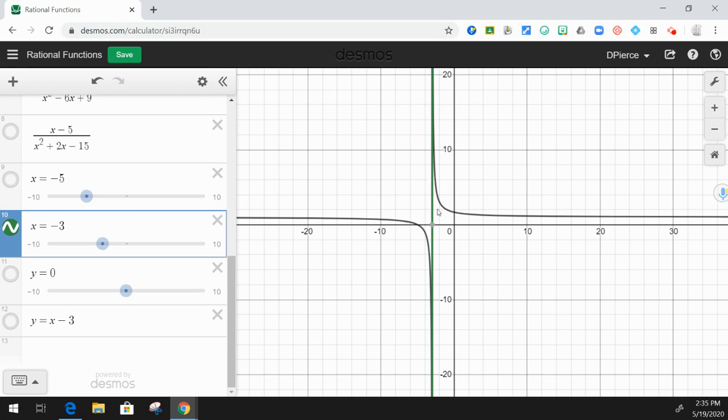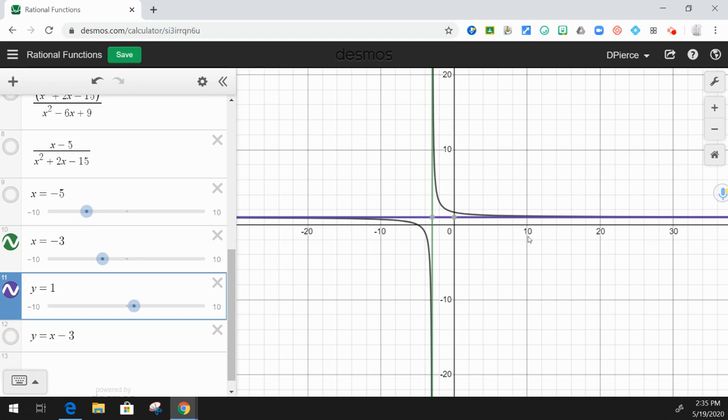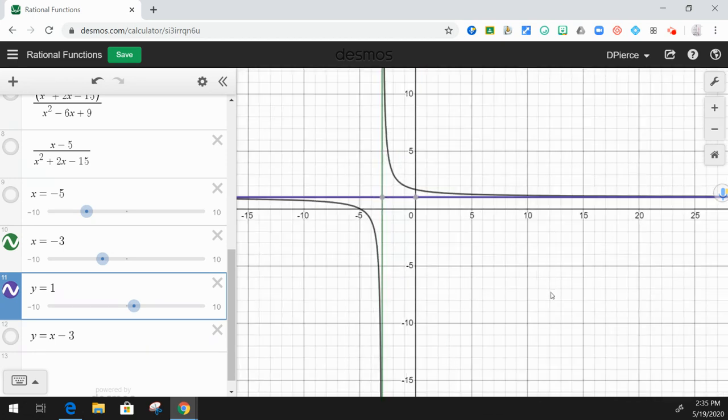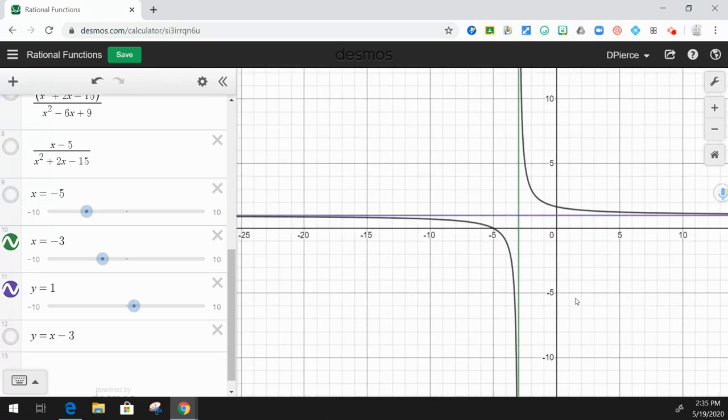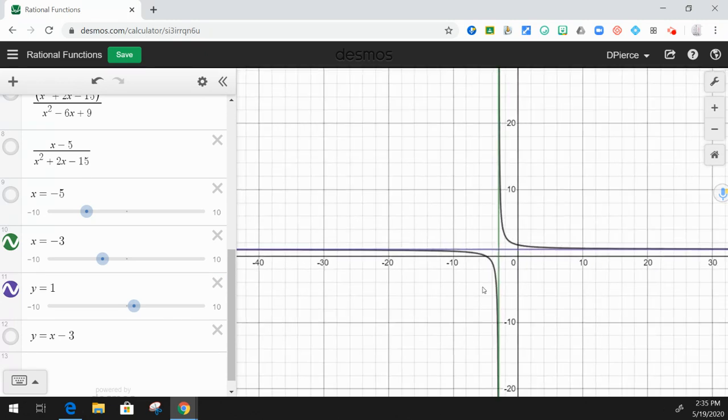That green line is basically our vertical asymptote. Our horizontal asymptote is the line y equals 1. Make that show up there. That's a purple line. But remember, the function itself is this black line, and it has what we call branches. If we zoom in, this is what the graph is going to look like.